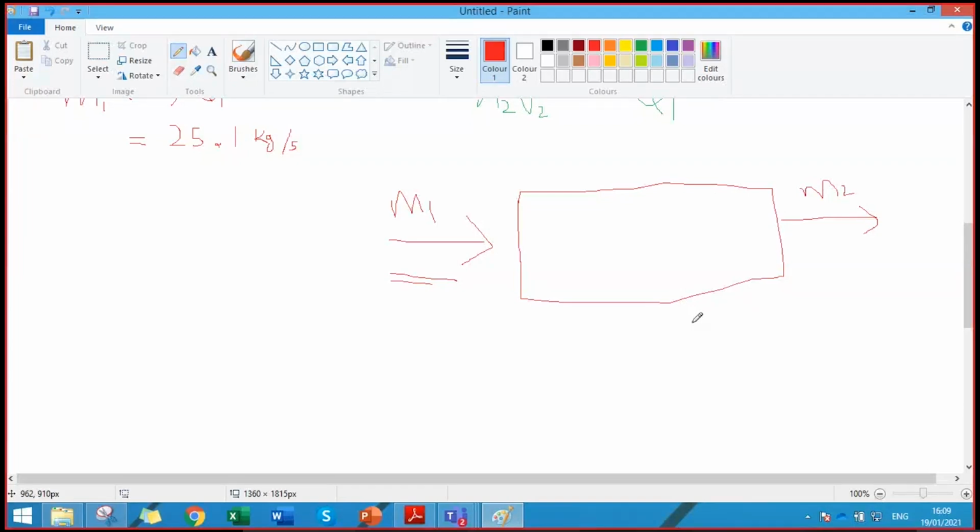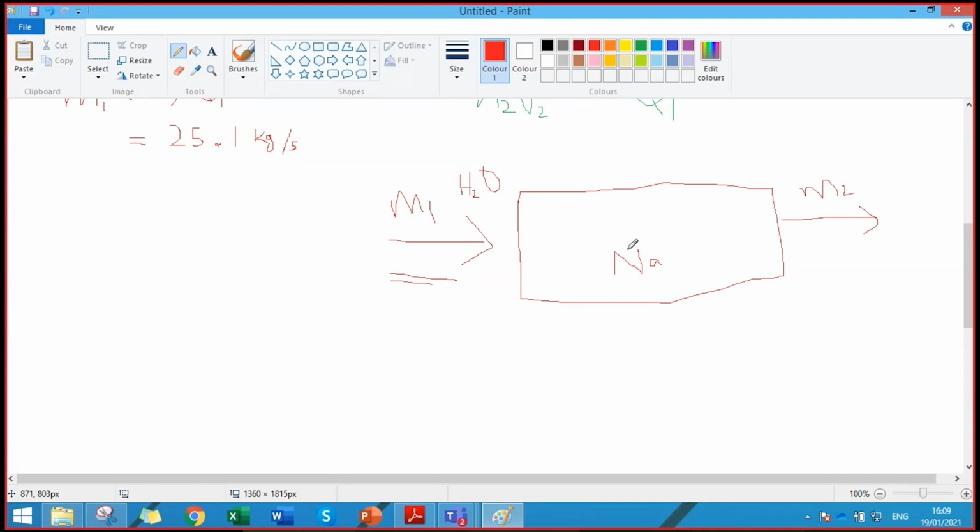But if I say there are two chemicals inside the control volume, that is, I have placed, let's say, sodium inside here, and from here I am pumping water. What will happen? There will be a chemical reaction inside the control volume.